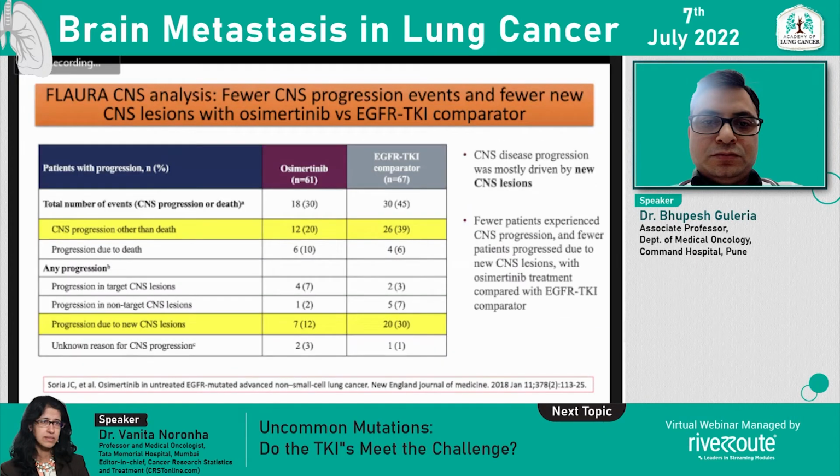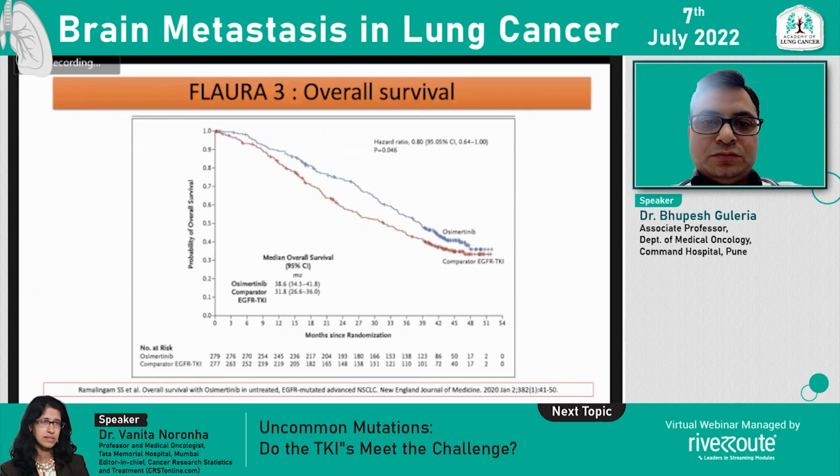So we had the FLAURA analysis, that is osimertinib in the first line. CNS disease progression was mostly driven by new lesions, and out of this, fewer patients experience CNS progression in the first line setting with osimertinib, and fewer patients progress to new CNS lesions with osimertinib treatment as compared to first generation TKIs, that is gefitinib or erlotinib.